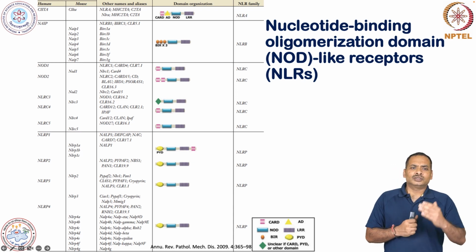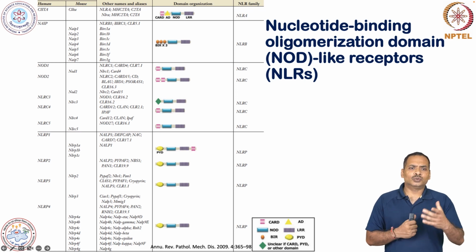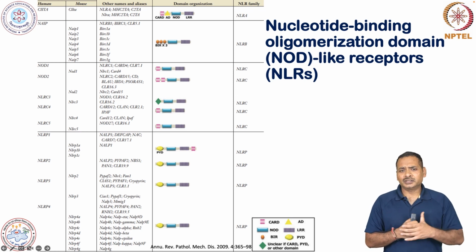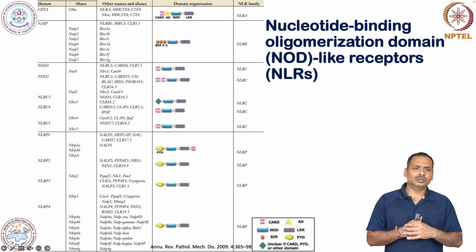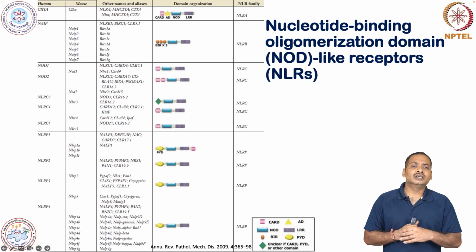So you can see that NOD1 has one CARD domain, a NOD domain, and a leucine rich repeat domain. On the other hand, NOD2 has two CARD domains, a NOD domain, and a leucine rich repeat domain.